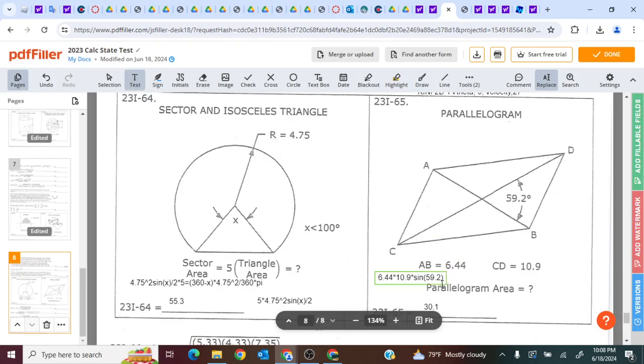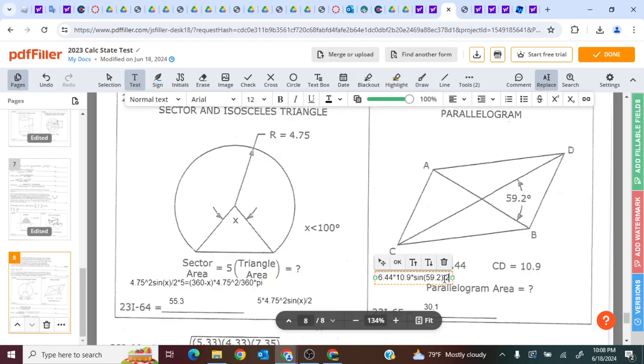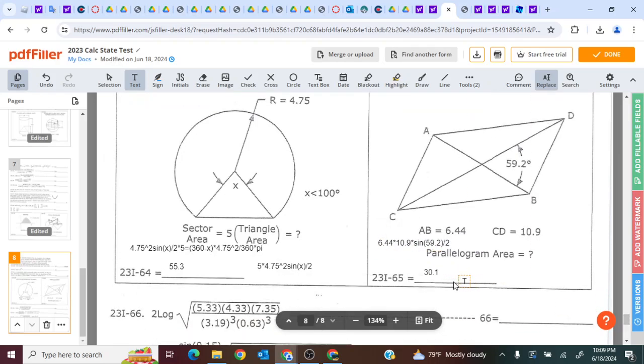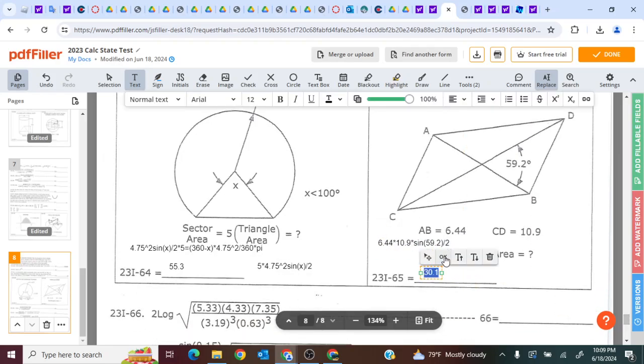You do have to divide by 2 at the end, like I figured, because you have your two triangles, which each divide by 2, and then you're dividing the triangle by 2. There are 4 of them, so that counteracts the divide by 2 on these two. Keep the sine and divide by 2 at the end. If you do that, your parallelogram area will be 30.1.